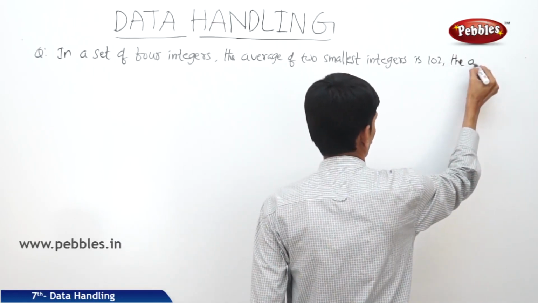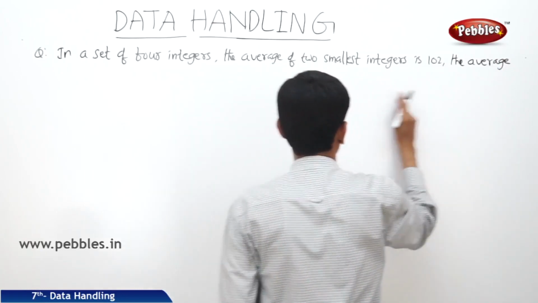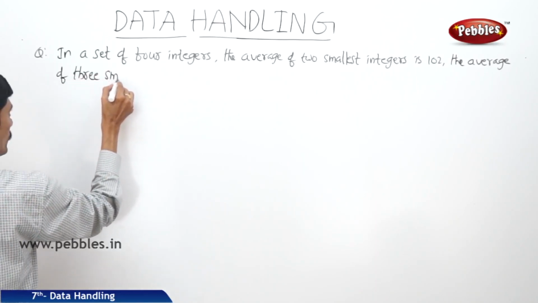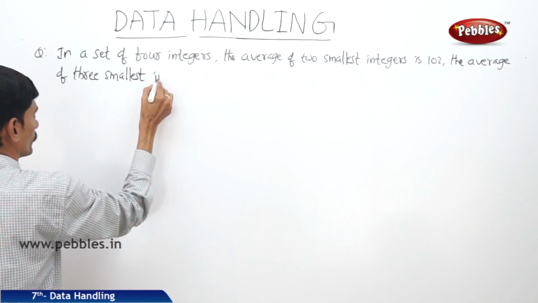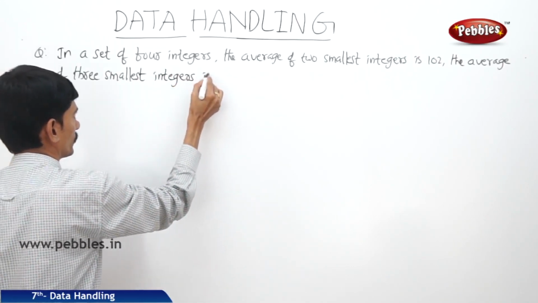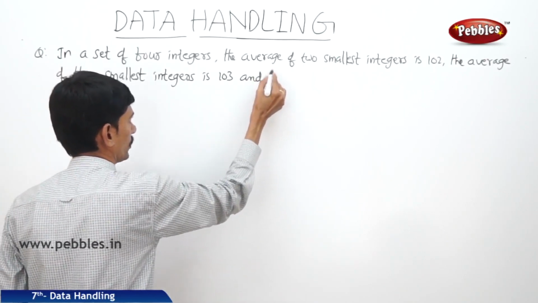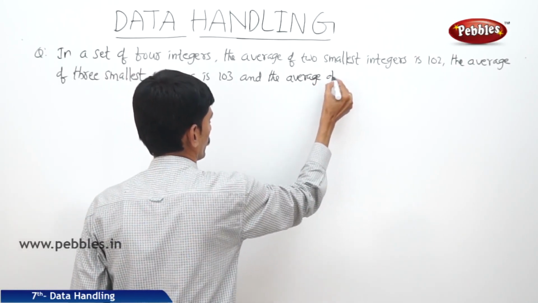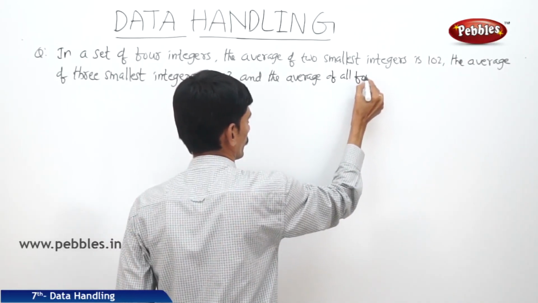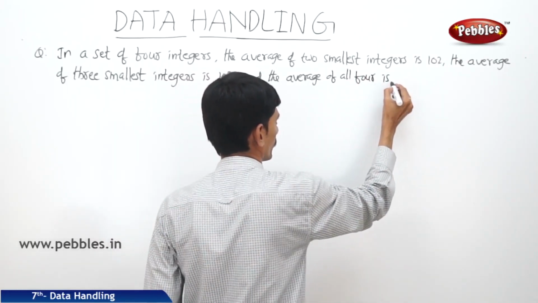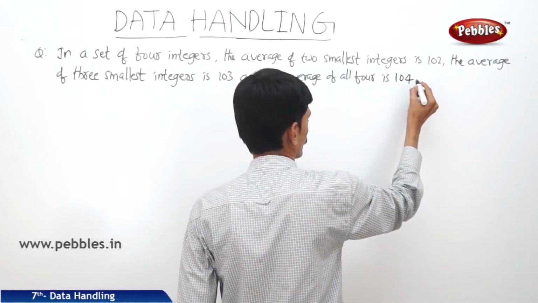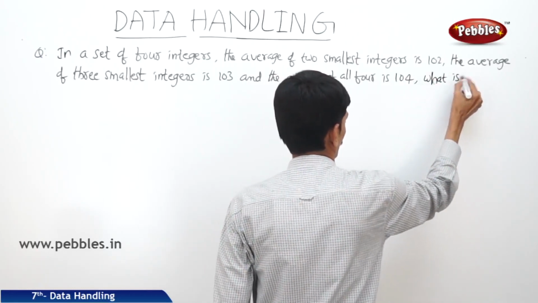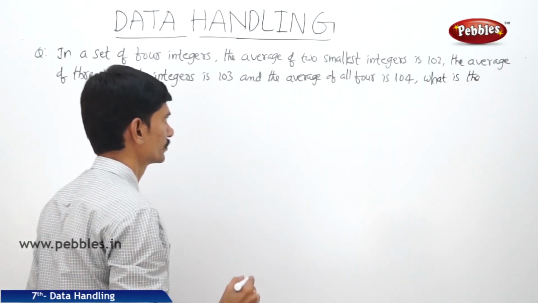The average of 3 smallest integers is 1 or 3, and the average of all 4 is 1 or 4. Then what is the greatest integer?